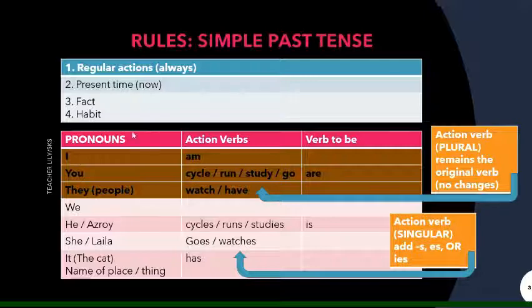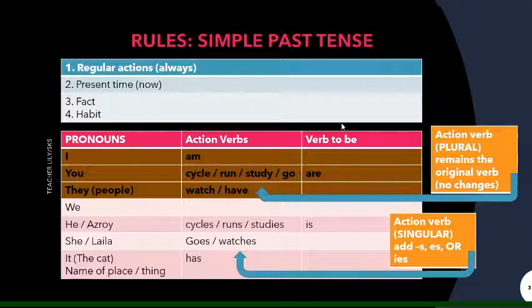Okay, look at this. Pronouns. What color is this? The brown color. Pronouns I, you, they, and we. Okay, I forgot to color this. The action verbs for these pronouns are: I cycle, you cycle, they watch, they cycle, they study, we watch, we have, we go.